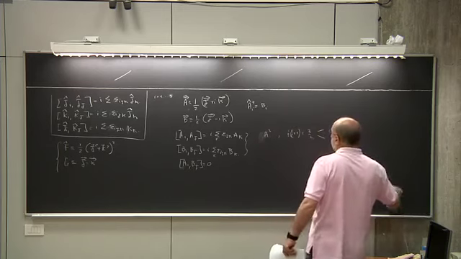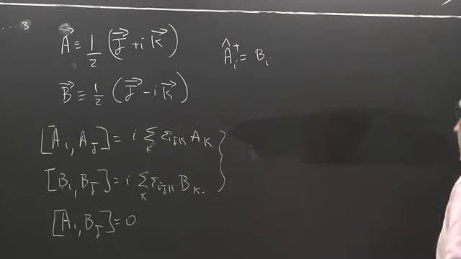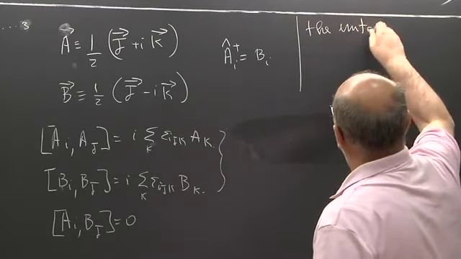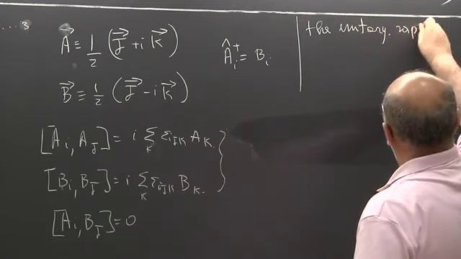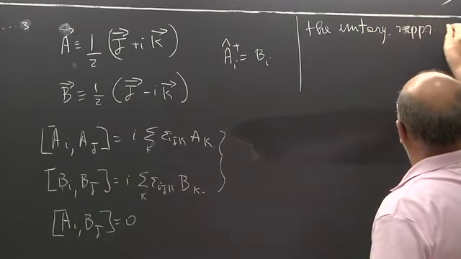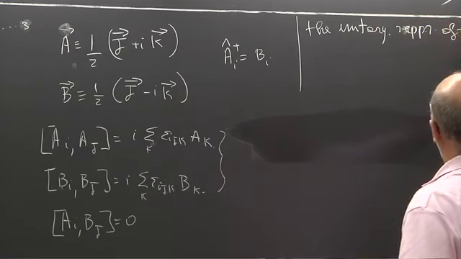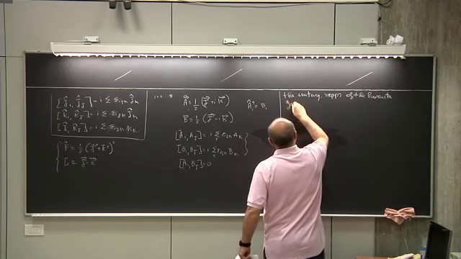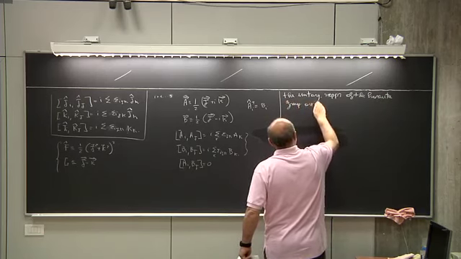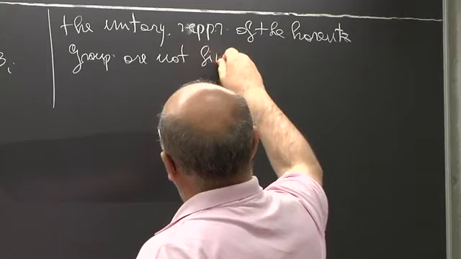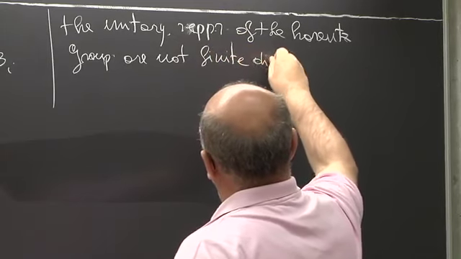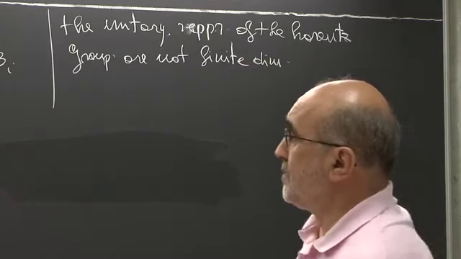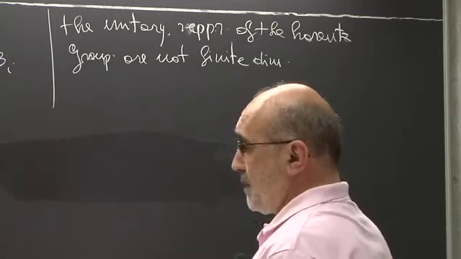So one statement that can be proved, I just state it, is that the unitary representations of the Lorentz group are not finite dimensional. So that is one of the things that you lose because of this lack of hermiticity among the operators.